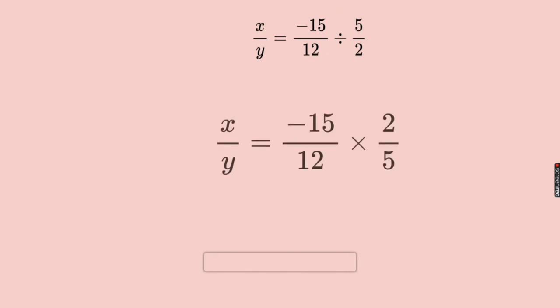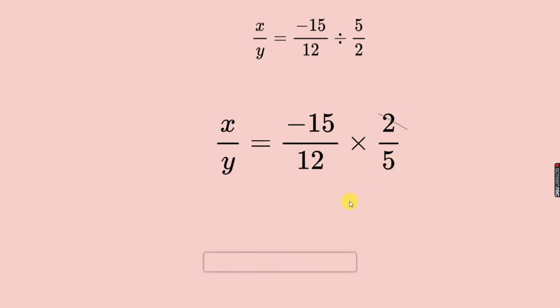So how do we solve the division? We change the division sign into multiplication and flip one rational number. So it would become minus 15 upon 12 multiplied by 2 upon 5.